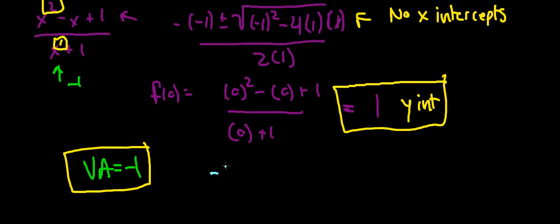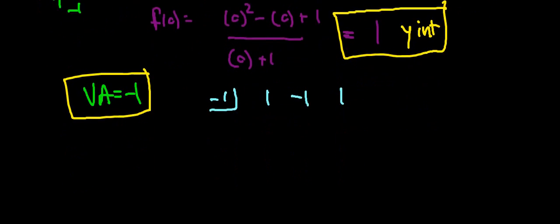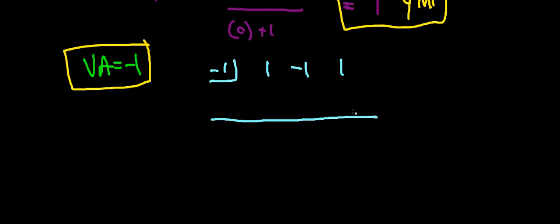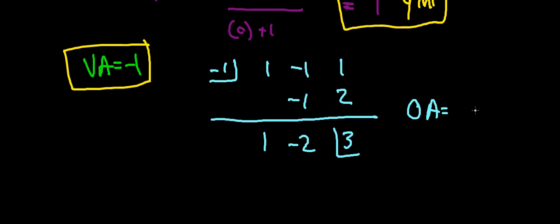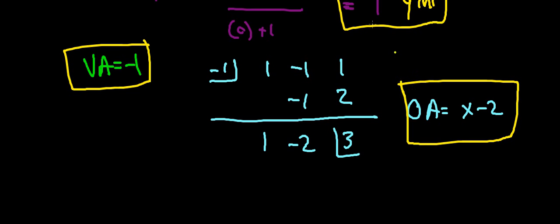I'm just going to do minus 1, and then we have 1, minus 1, and 1. So bring down the 1. So the oblique asymptote is equal to x minus 2. So that was a simple enough problem.